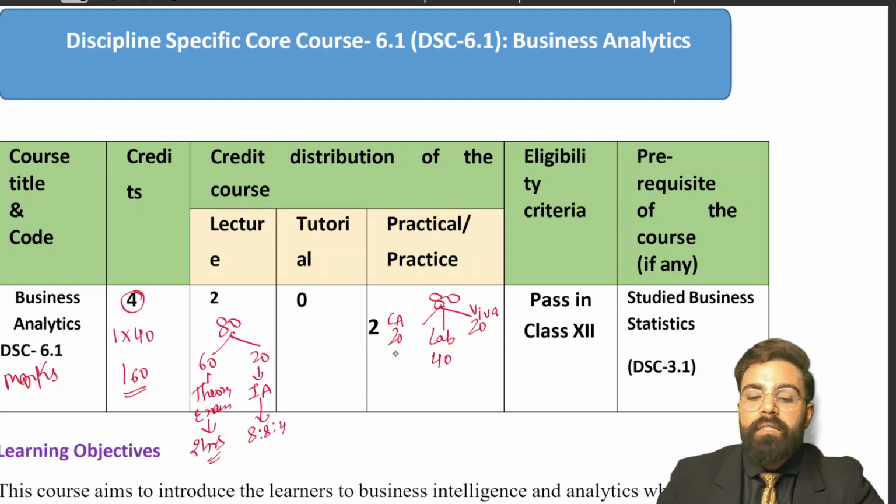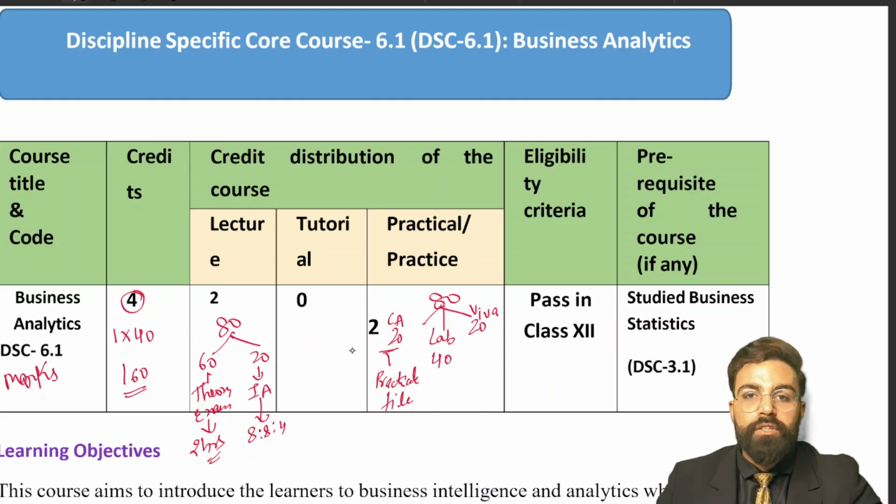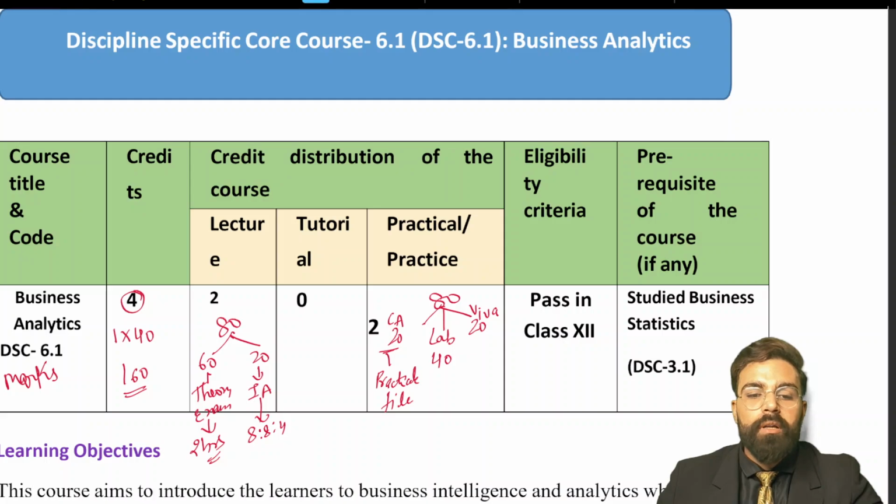This continuous assessment will be based on your practical file. Your faculty will ask for a practical file, which will be of 20 marks. So this is how the overall marks distribution of this paper is set by Delhi University. I hope this marks allocation is clear to you all, right?